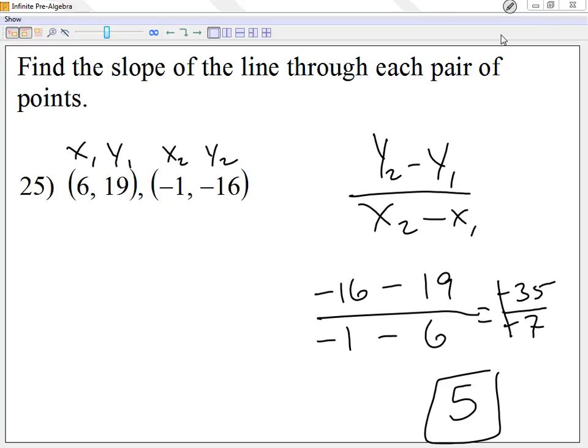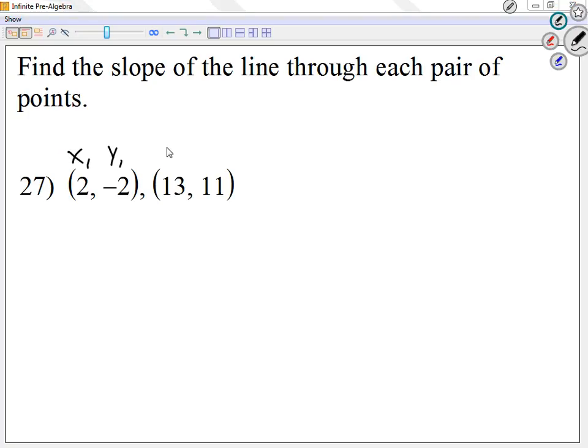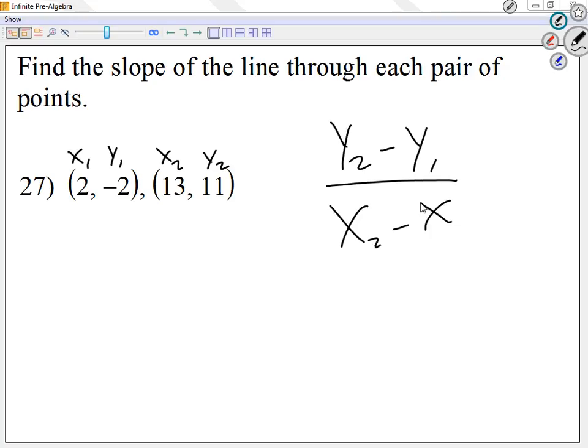Let me take a look at number 27. Remember, I'm going to go x1, y1, x2, y2, and then the formula is y2 minus y1 over x2 minus x1. So the way I'm going to write this would be 11 minus a negative 2.